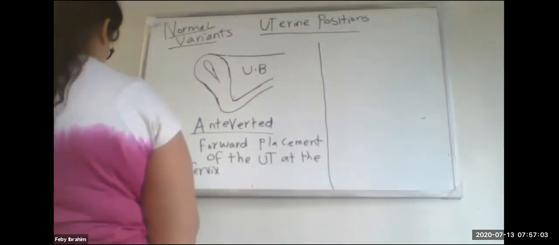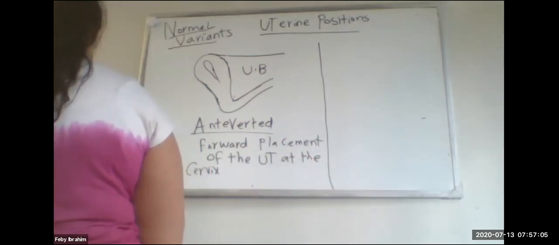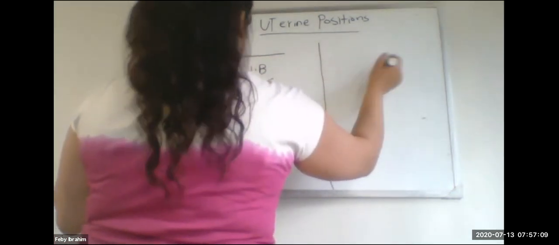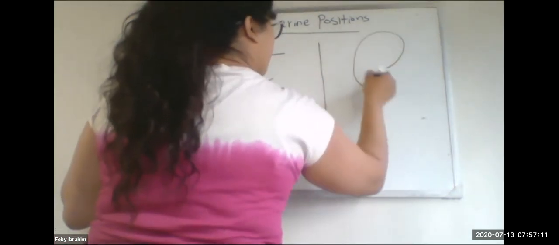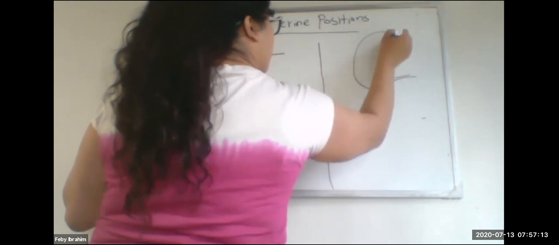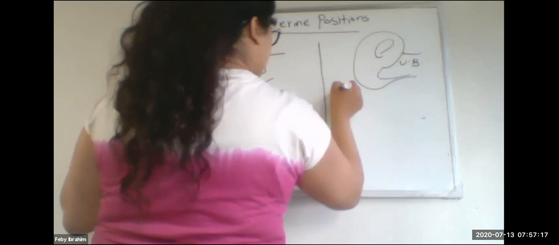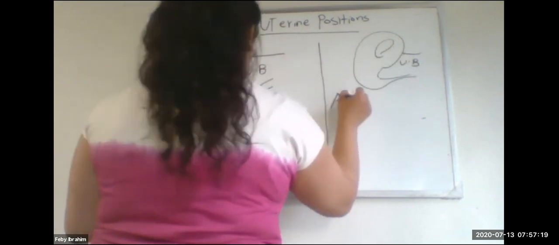Then we have the retroverted uterus. Let's do the anteflexed first. So this one is the anteflexed.